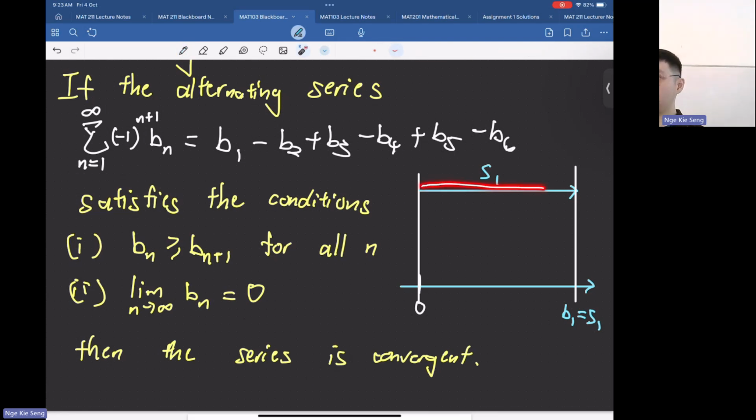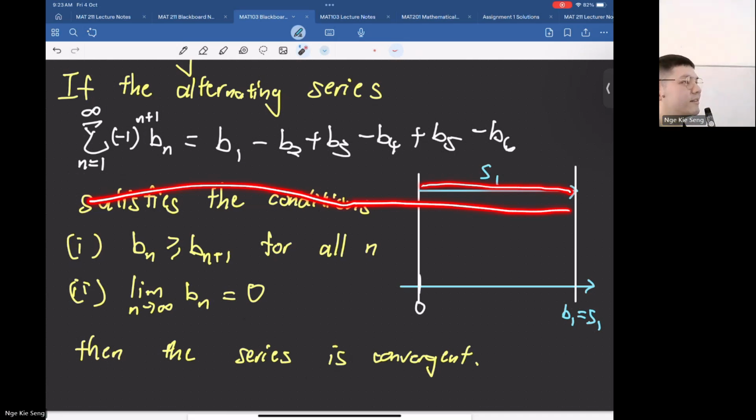So you have B1, and then you take away B2. But how far do you take away B2? Can I go super far? How far?